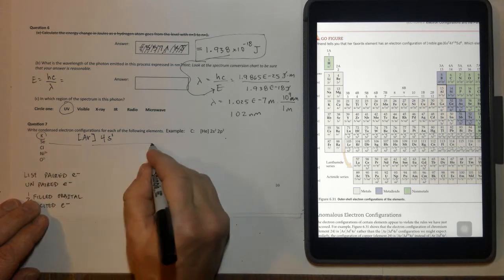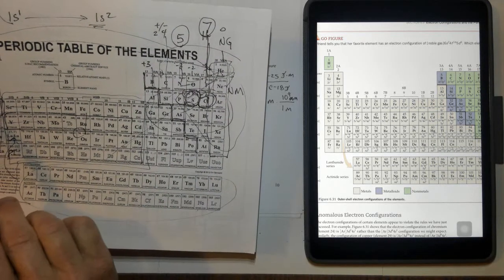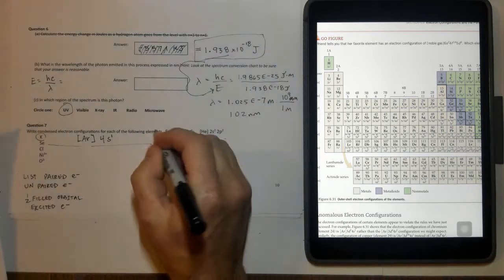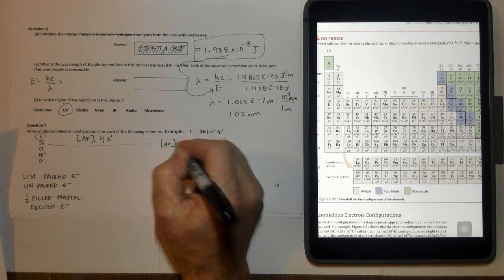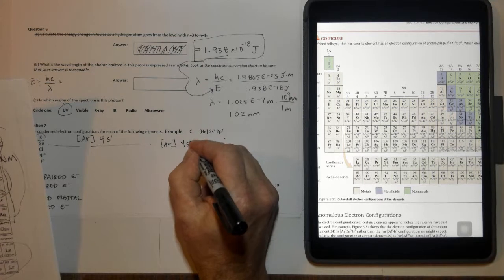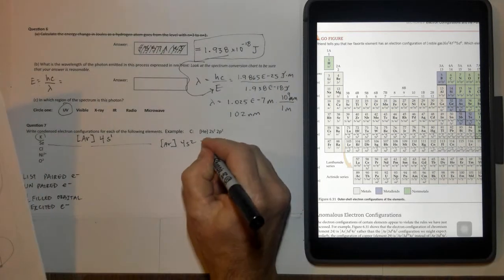The second one is selenium. Selenium right here is in the 4th energy level once again. The preceding noble gas would be argon, so once again we'd start with argon, and then we'd go 4s2, and then we'd have the 3d's all filled, and there's 10 of them right there, so it'd be 3d10.